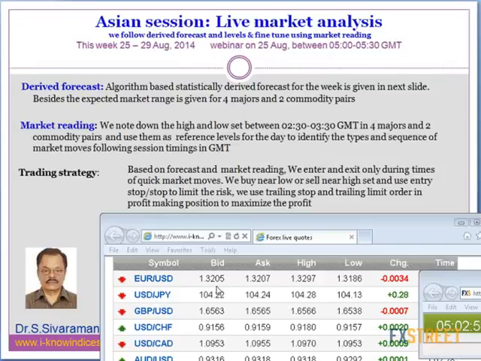They can even extend it to the end of the year or even to the new year, saying Euro and GBP could go down. That is how they give their interpretations.